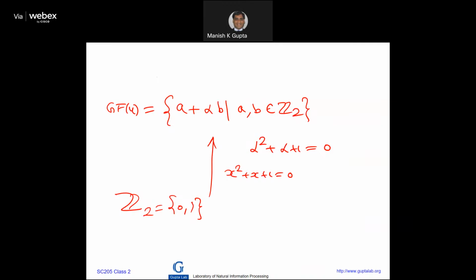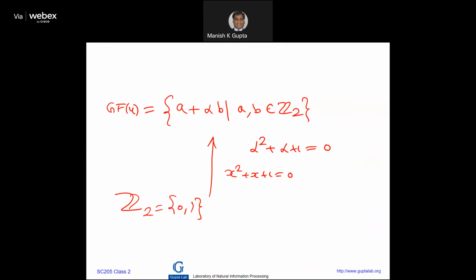Now first time you will feel the beauty, and you can touch it, you see how it works. First of all, A and B can take 2 values, 0 or 1. How many possibilities? 4.